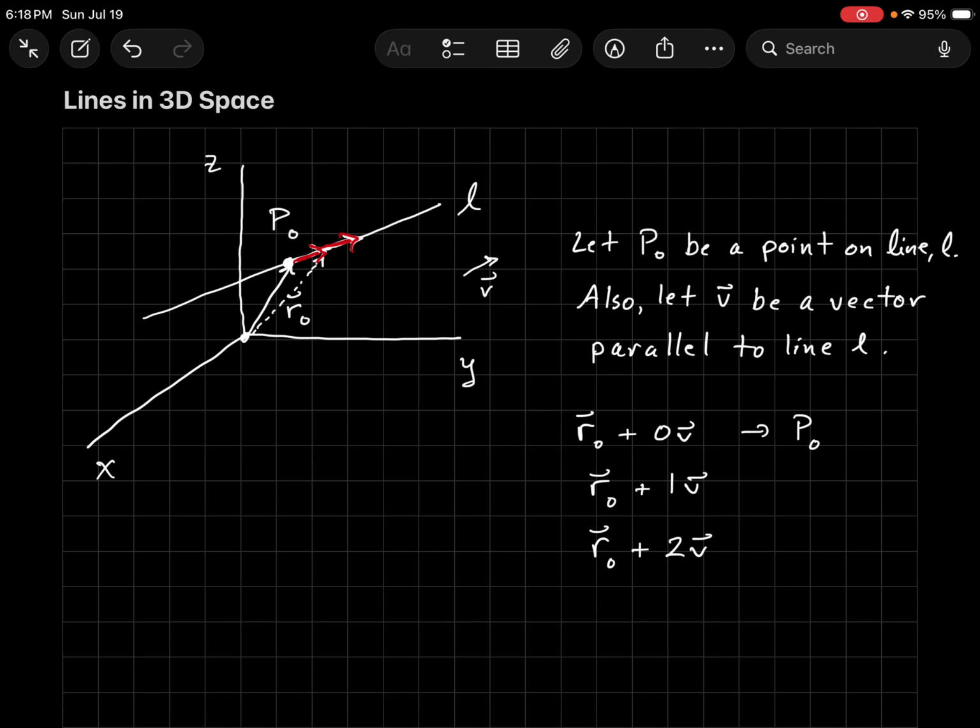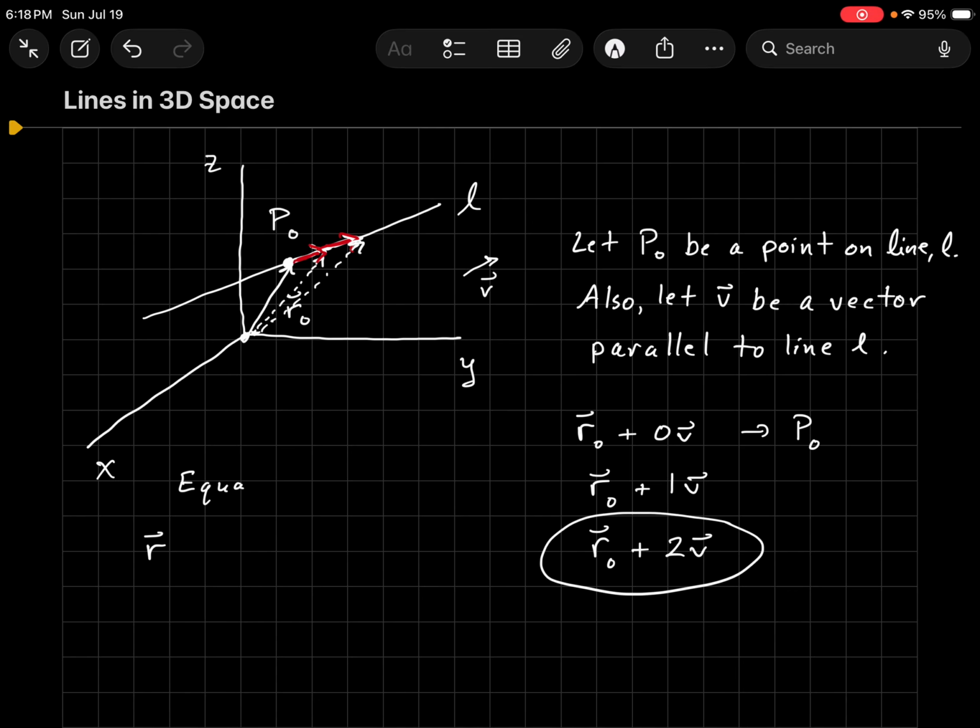The vector r naught plus 2v would start at the origin and point to another point which is also on the line. And then I could do r naught plus 3v, plus 4v. But the point is, this is the idea of getting a way to draw a line, and thus getting the equation of a line using vectors.